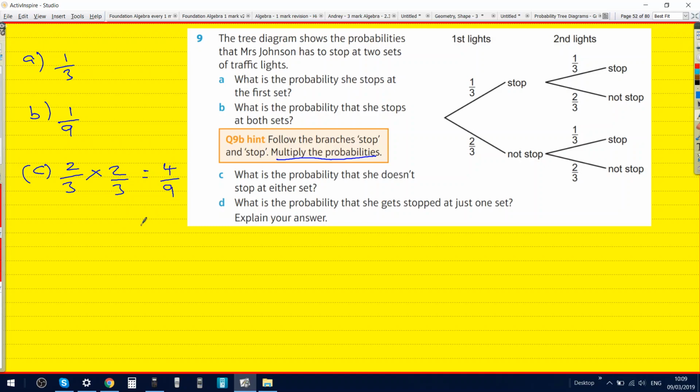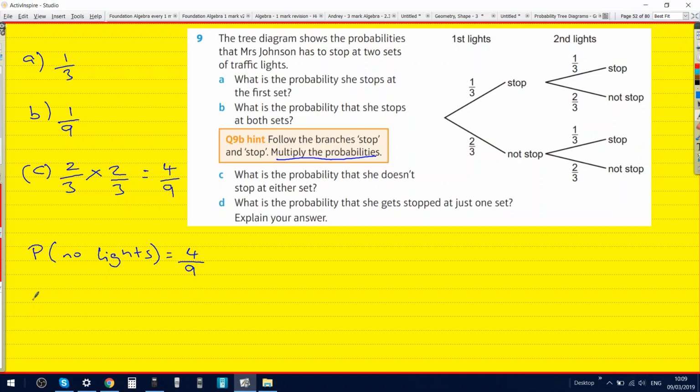4/9. So what's the probability she stopped at just one set of lights? Is it so not stopped or stop? Oh, she gets stopped at just one set. So it'd be 1/3.